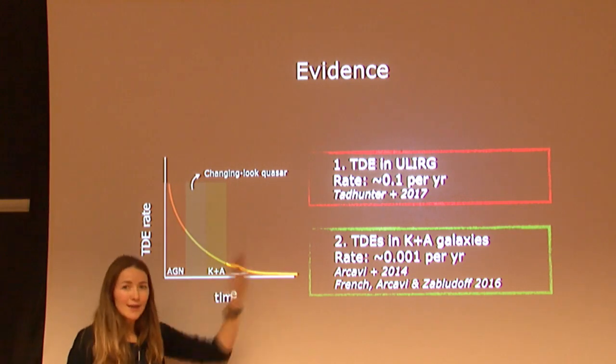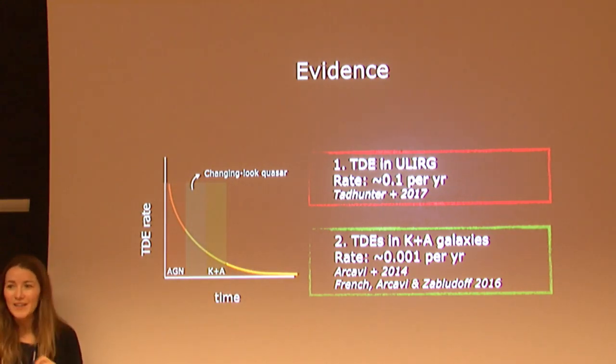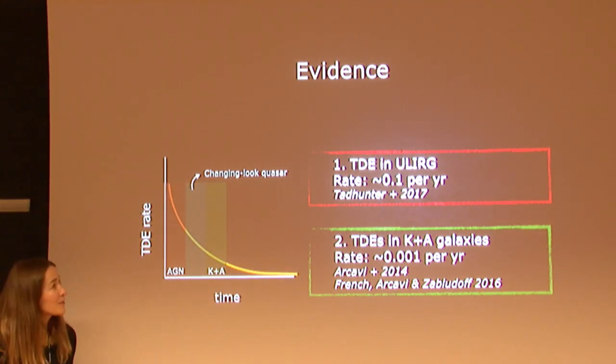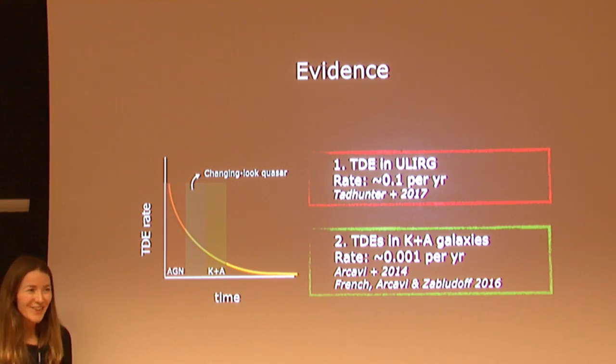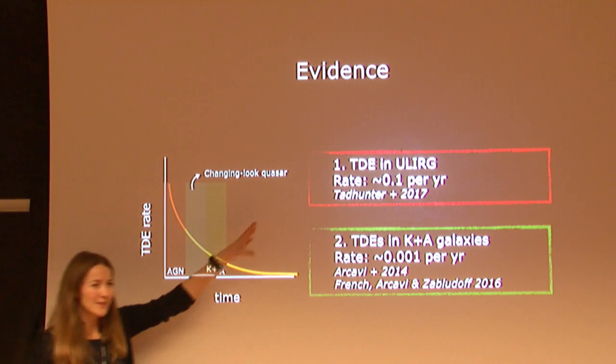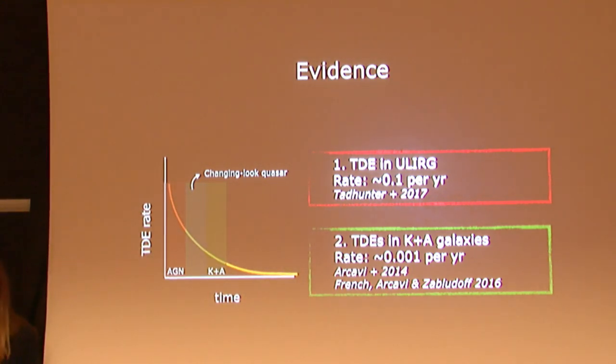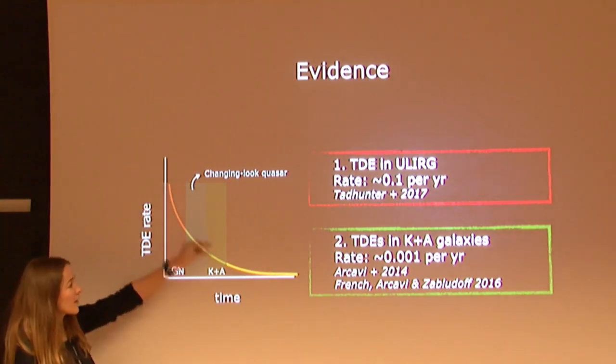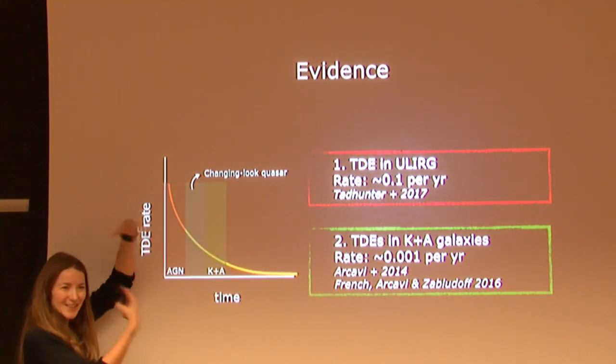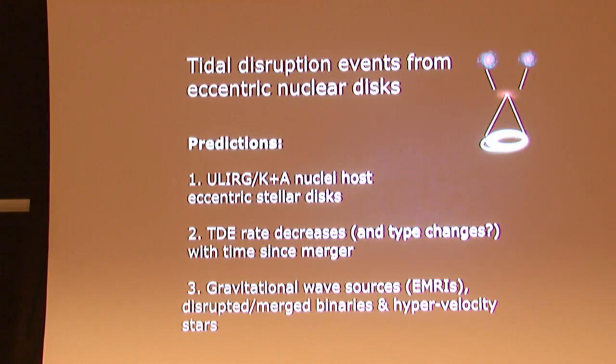They were only looking at 10 such galaxies, and they found one, and so they came up with an event rate of something like 0.1 per year. So highly controversial, but an extremely high event rate. Something very strange is going on in this galaxy. Whereas with K+A galaxies, the rate is something more like 1 every 1,000 years. So you'll see if we put a point here and a point here, it's proven that this cartoon picture works.